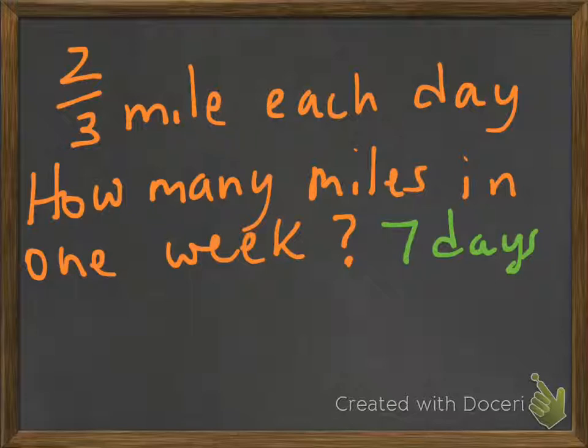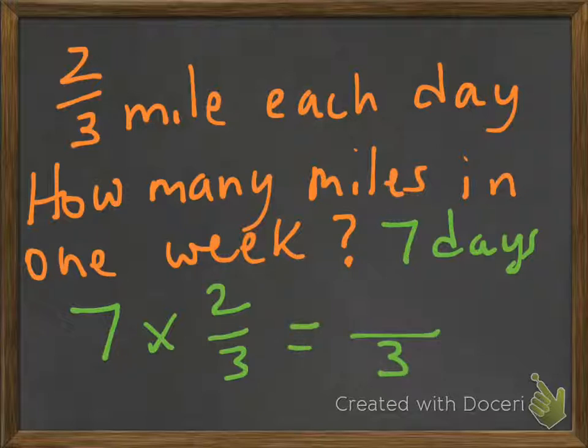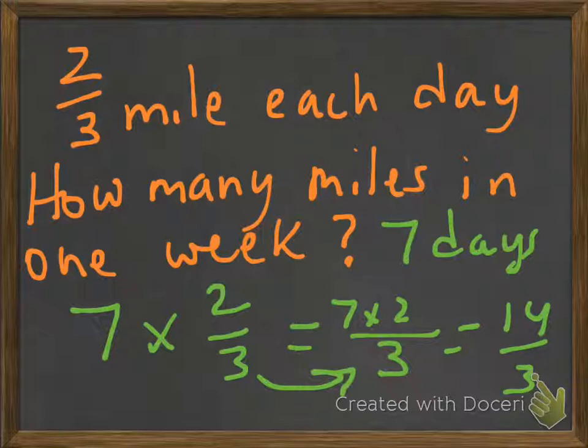Alright, how'd you do? Well, we know we can actually go ahead and set it up just like we did before, and we can do 7 times 2/3. And again, the denominator stays the same, and we just multiply straight across. 7 times 2, which equals 14/3.